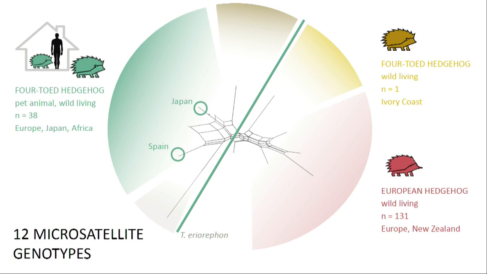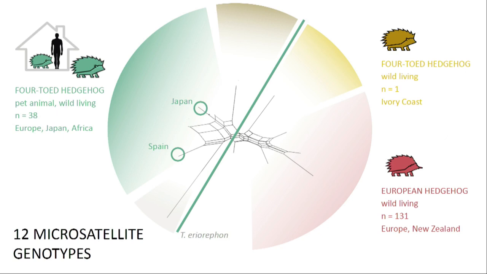Here you can see displayed 12 genotypes, which we found using microsatellite markers. You can see that there is not a really clear structure.